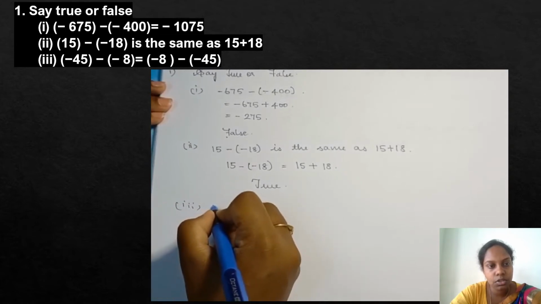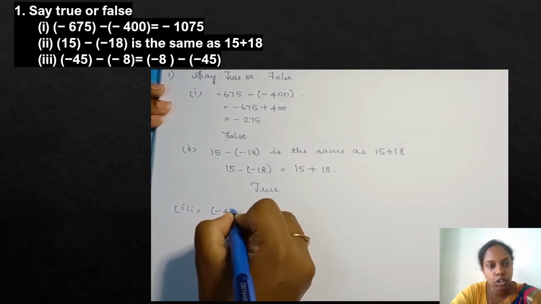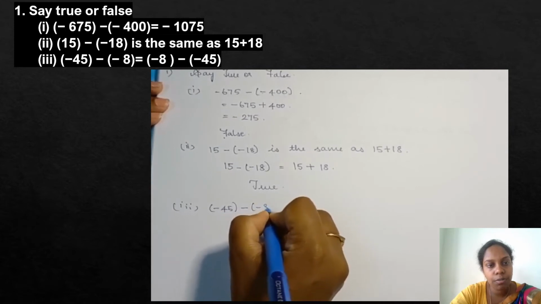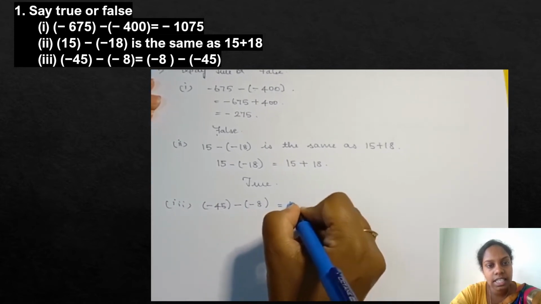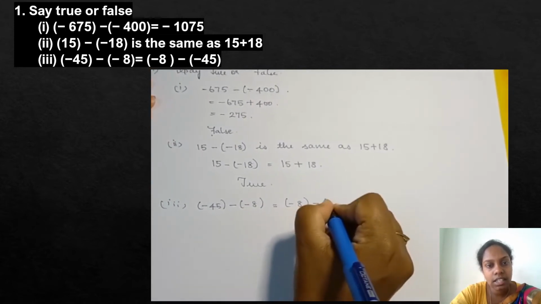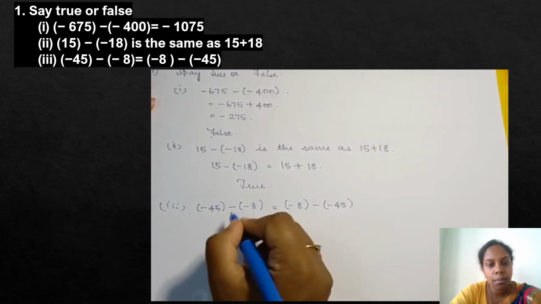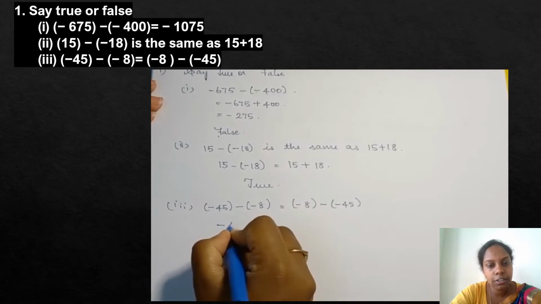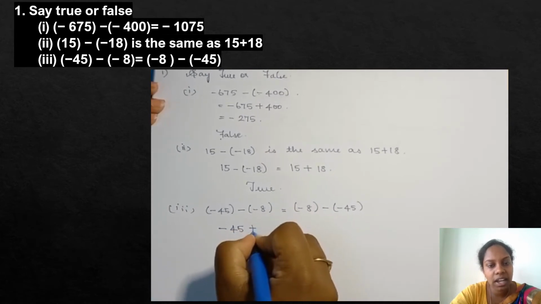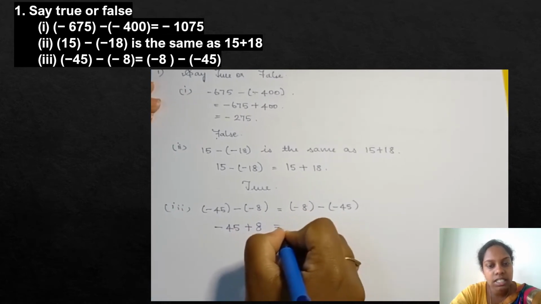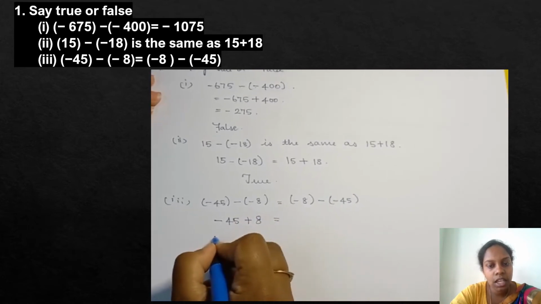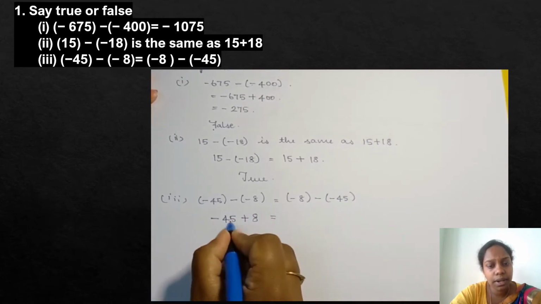The third subdivision is minus 45 minus of minus 8 is equal to minus 8 minus of minus 45. Now minus into minus will give you plus here. So minus 45 plus 8. The same way, now subtract it.